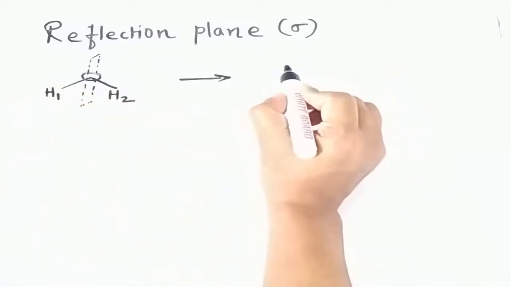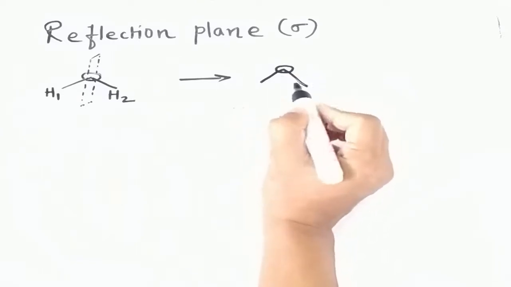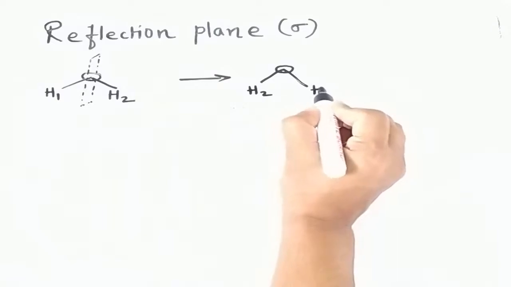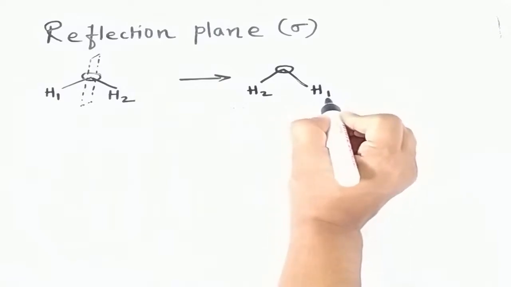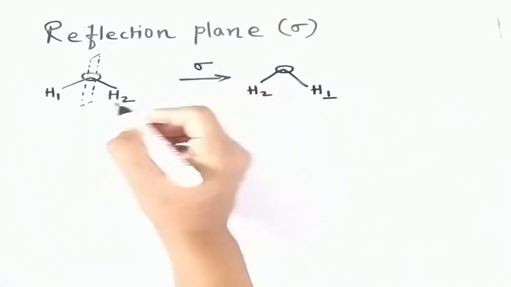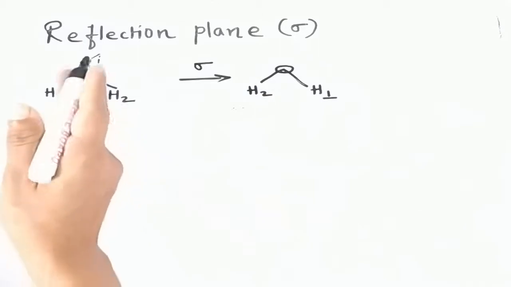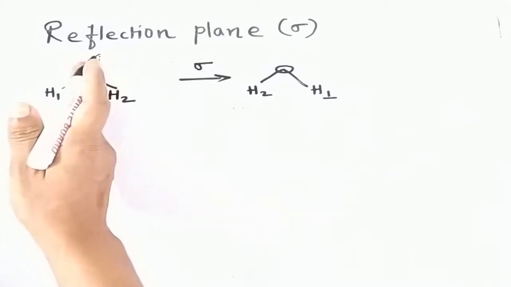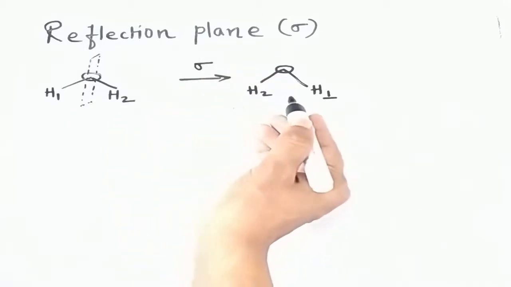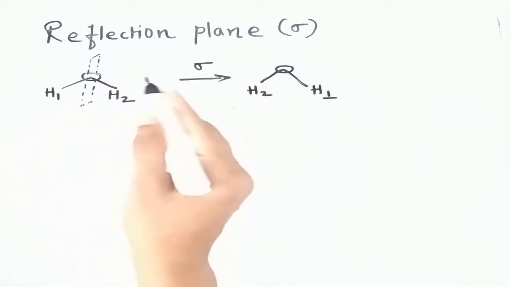Now see, I am drawing the molecule after application of the plane. The reflection plane has the symbol sigma. Here I have operated this sigma. Operation is nothing but application of an element on a molecule, to see what resultant we get, what new molecule which is symmetric to the earlier one we get.